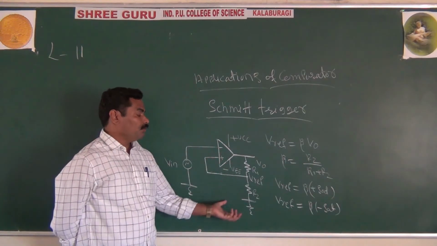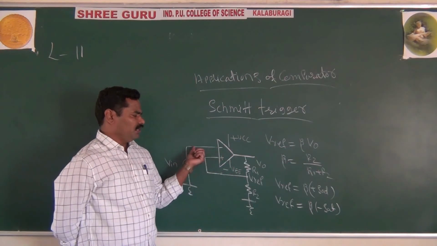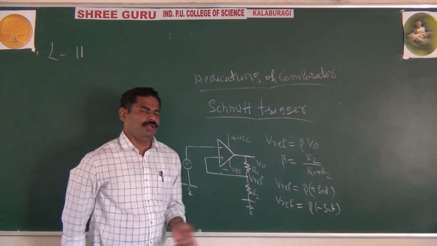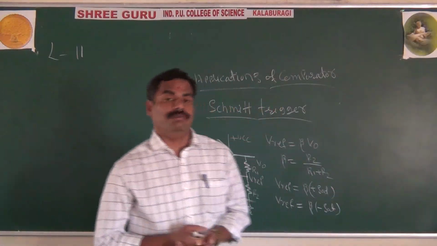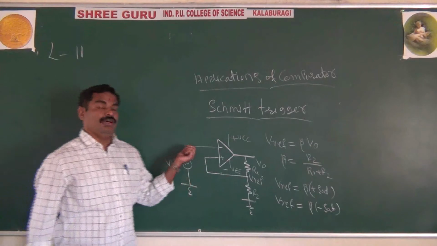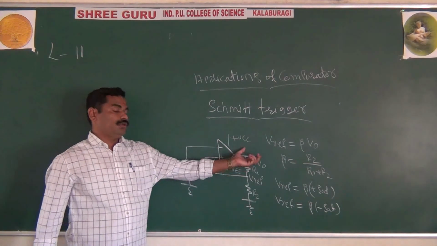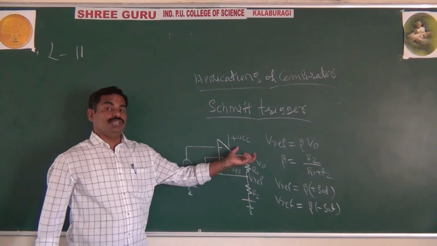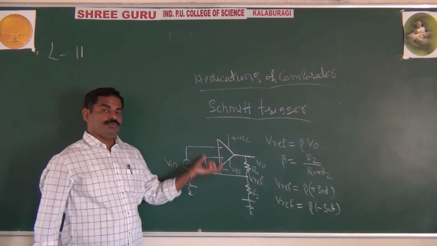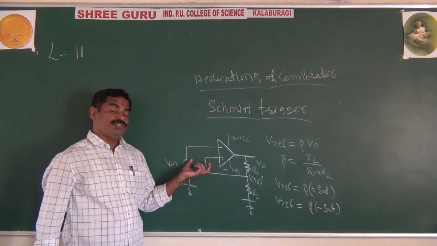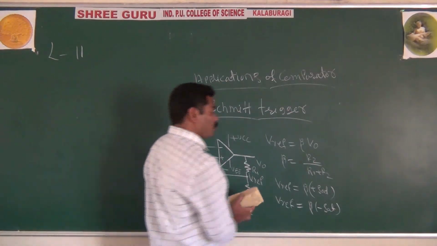And also the important thing about the comparator is that if you apply any input signal, any regular or irregular shape of the input given, you always get the output as a square wave. It is also called a square wave generator. The most important thing about your Schmitt trigger is that it will always give the output as a square wave.